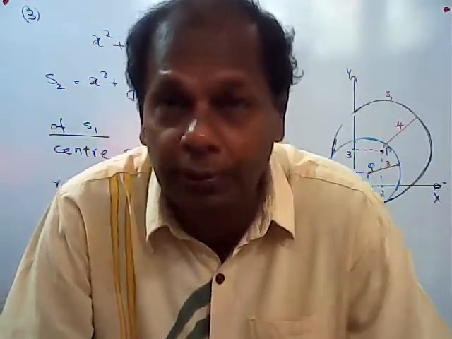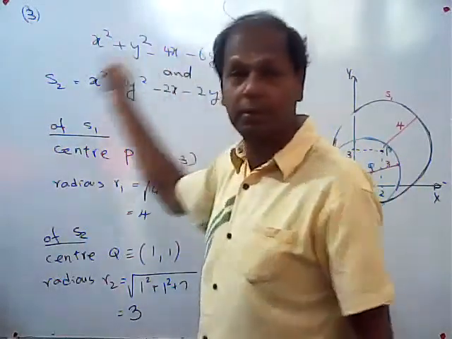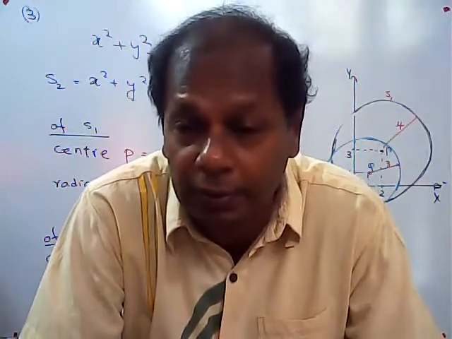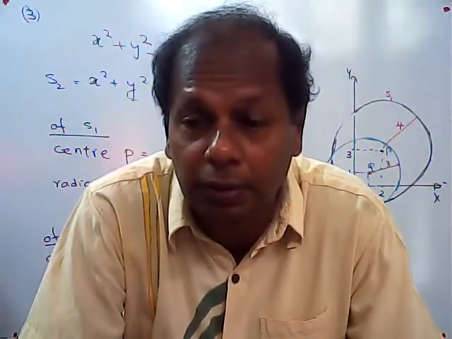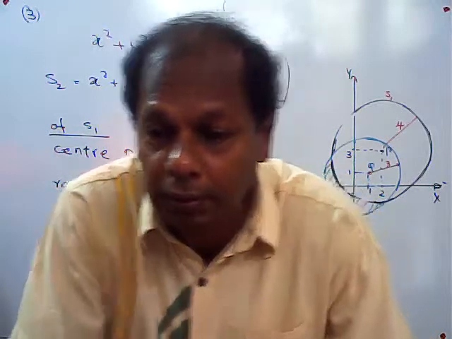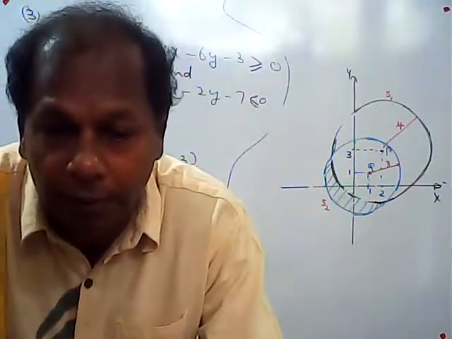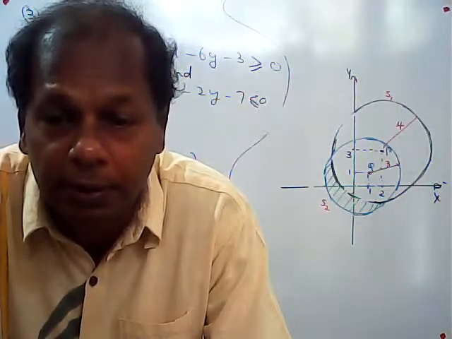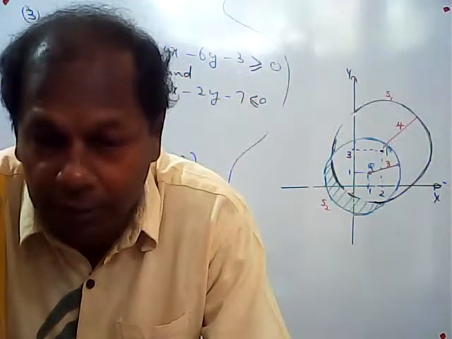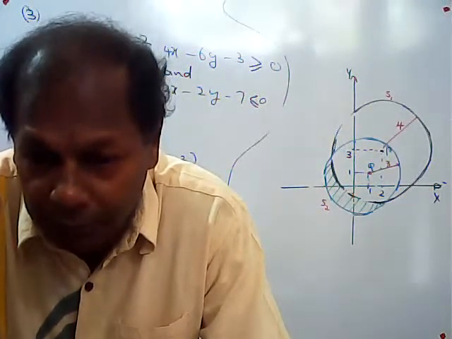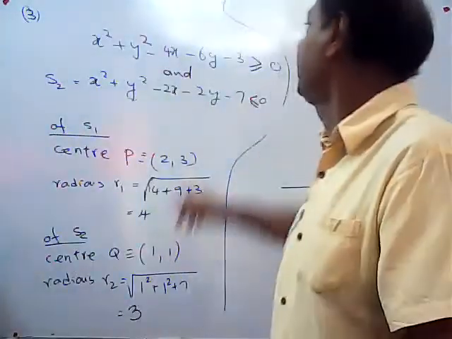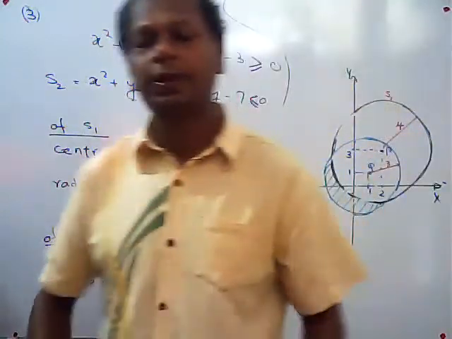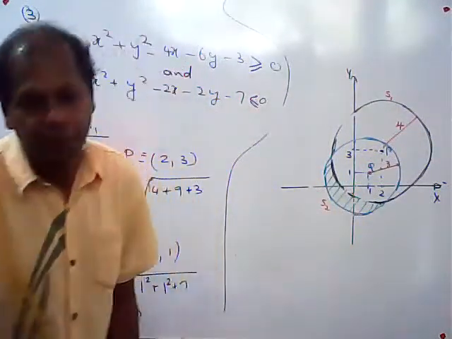If you need the union, this has to be 'or', not 'and'. Union means it should be connected by 'or'. Yes, correct. But here in this question, it is 'and', satisfying both the conditions, right? Okay.